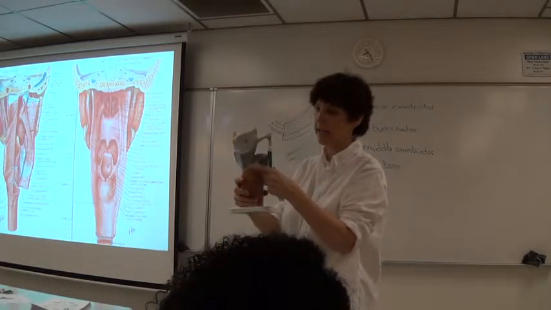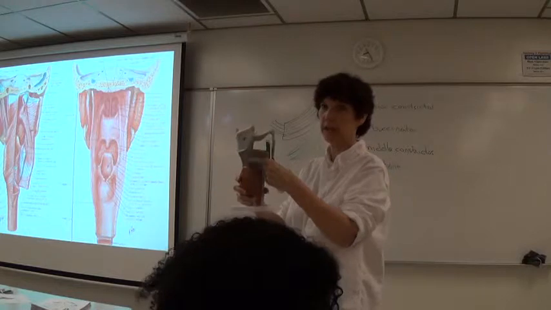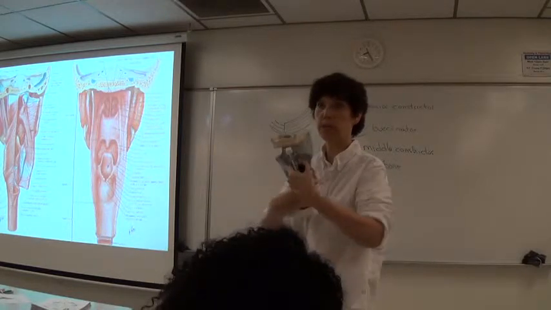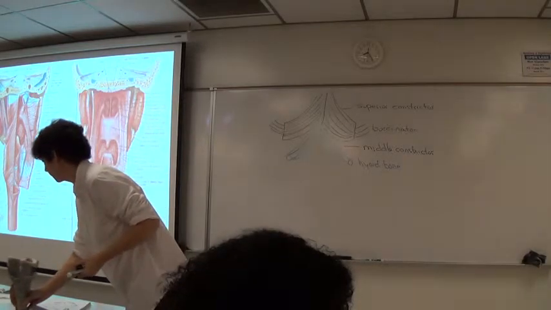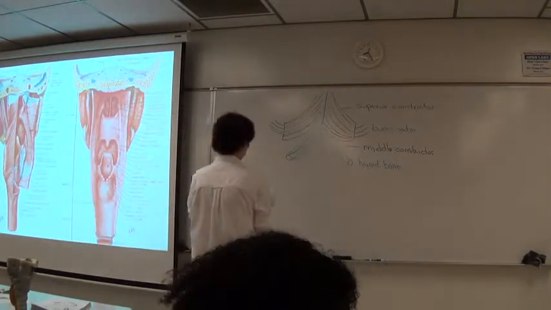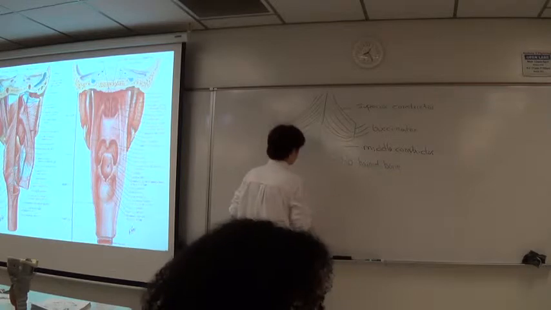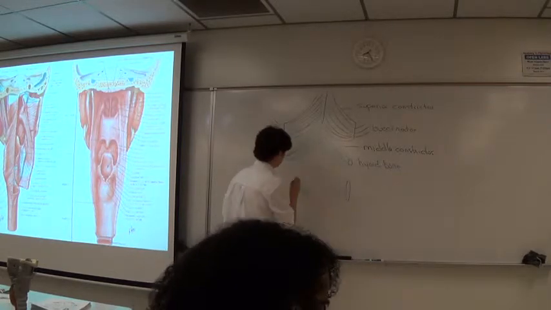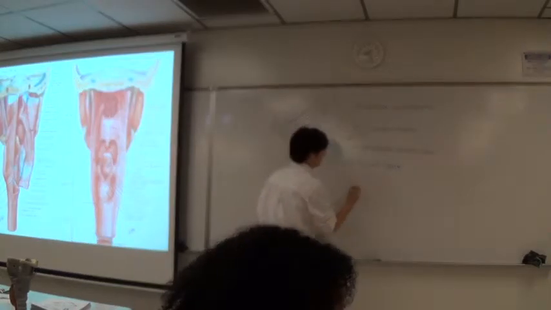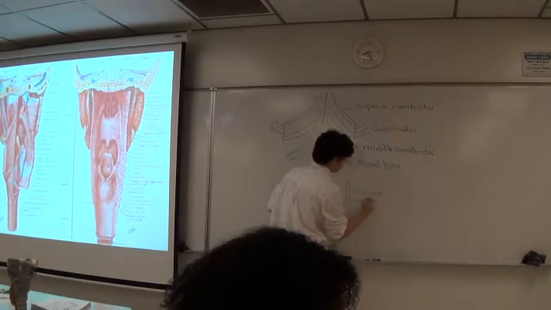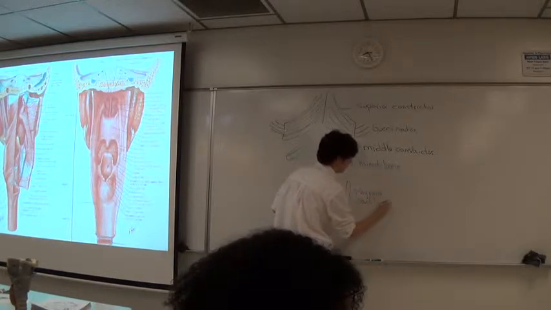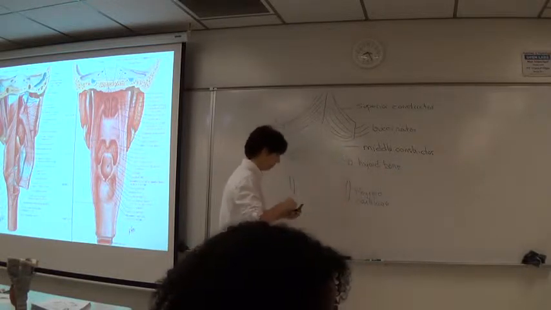And then the next origin is off of the thyroid cartilage, and that's this portion of the larynx right here. Not the thyroid gland, but part of the larynx known as the thyroid cartilage.